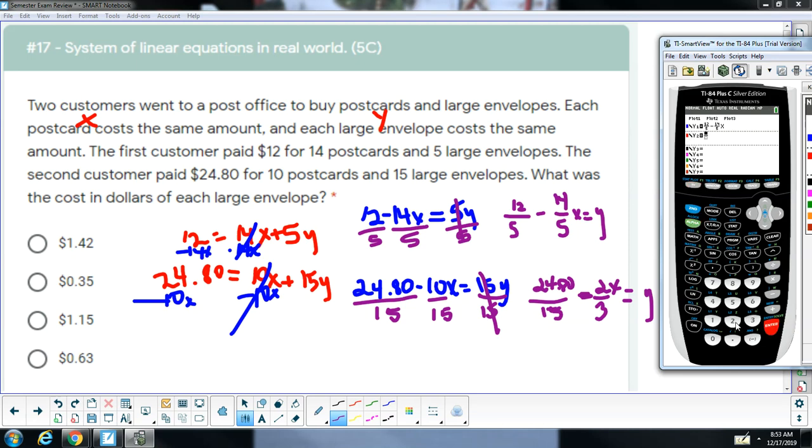And then in y2, I'm going to do alpha y equals enter again. I'm going to put that crazy fraction, 24.80 over 15 minus alpha y equals enter 2 over 3x.